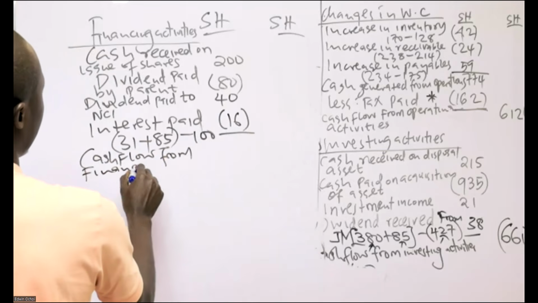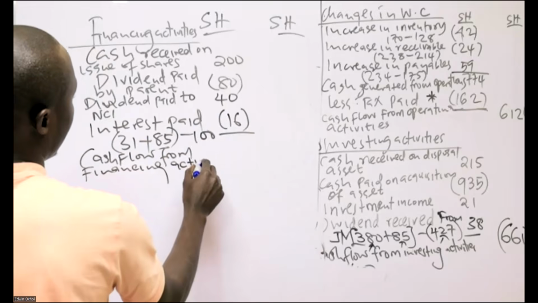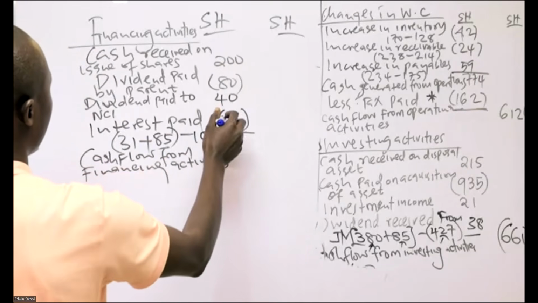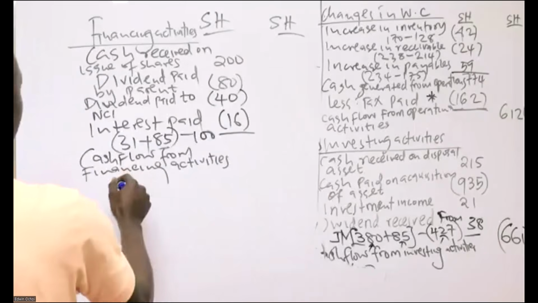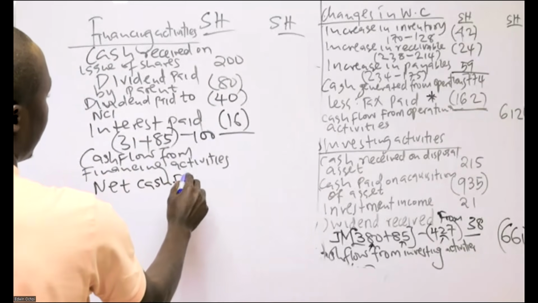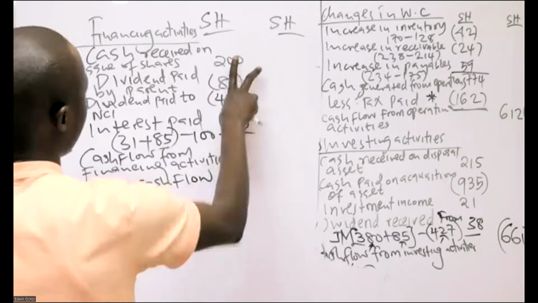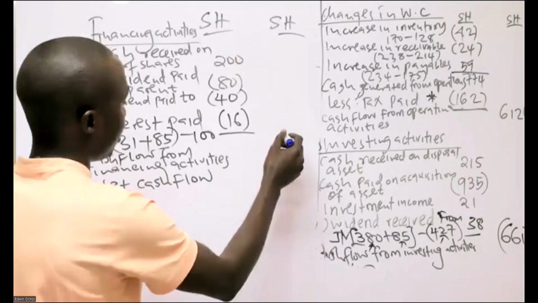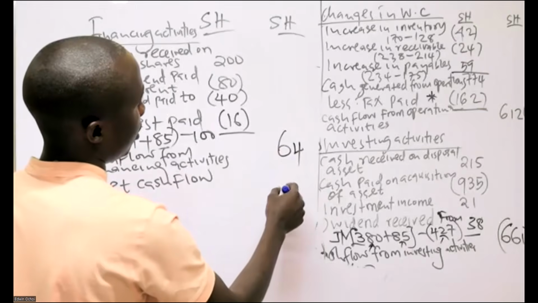Cash flow from financing activities. Give me the total. Remember that this one you deduct. Then you get net cash flow. So what's the total here for the financing? 64, positive.